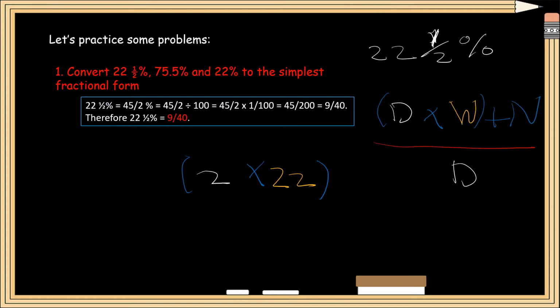Now plus the numerator, which is 1, all over the denominator, which is 2. So when we do this, we get 45 by 2. So this is our improper fraction.